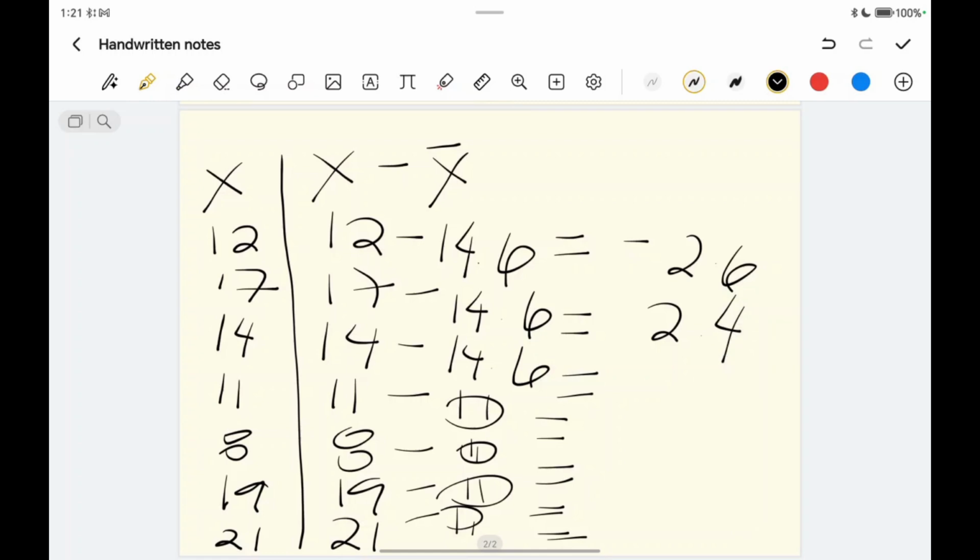That's positive. 14 minus 14.6 is negative 0.6. 11 minus 14.6 is negative 3.6. 8 minus 14.6 is negative 6.6. 19 minus 14.6 is positive 4.4. And lastly, 21 minus 14.6 is positive 6.4.